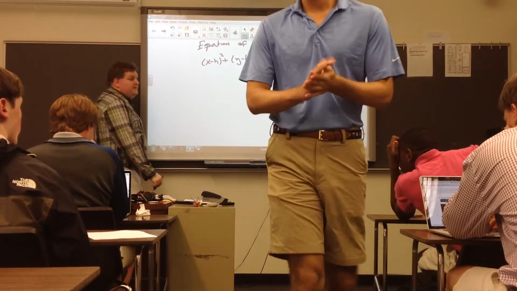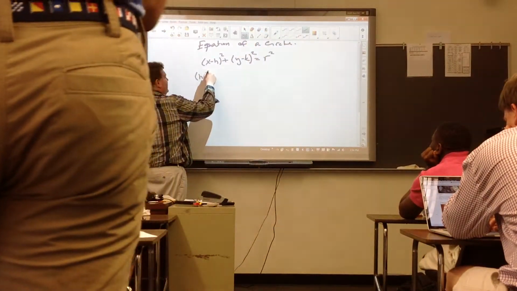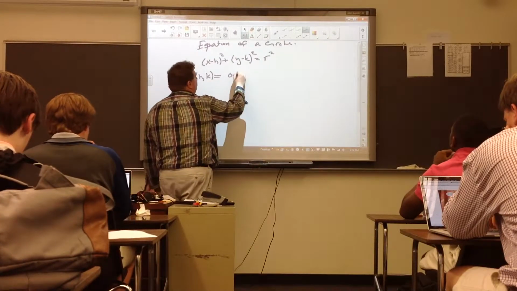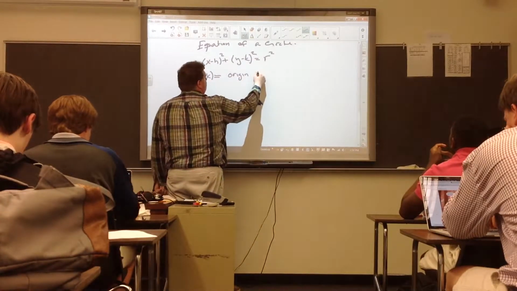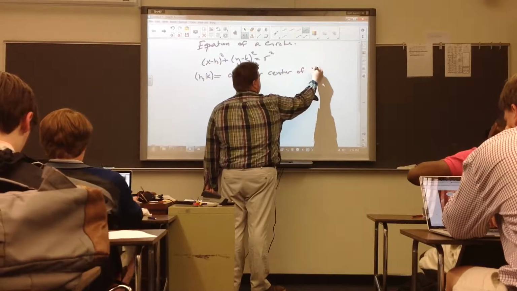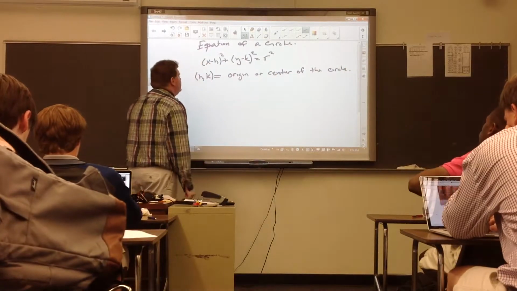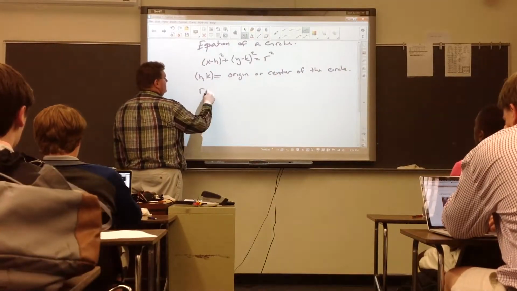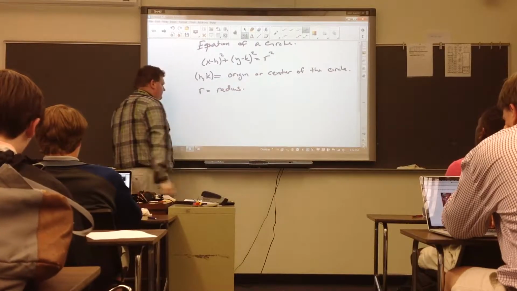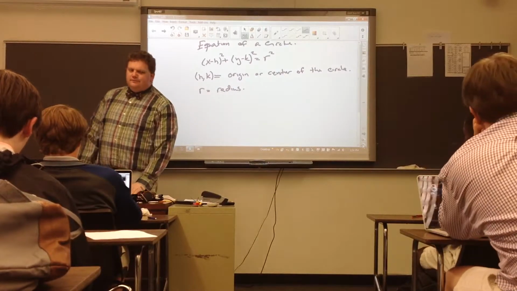The h and k, whatever numbers those are, are the origin or center of the circle, and r is the circle's radius. Any questions about that? It's pretty straightforward, right?